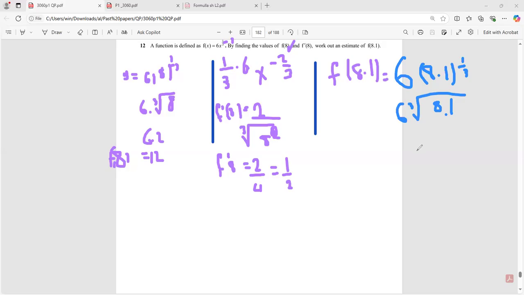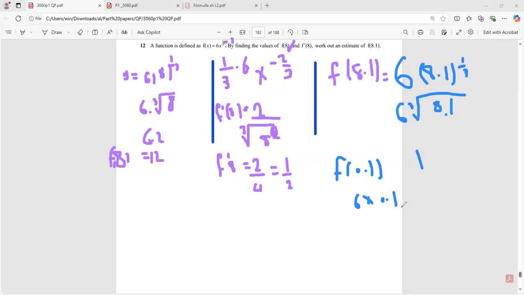Okay, so here 8.1, so actually the cubic root of 0.1, which can equal to 0.9 multiplied by 0.9, or we can say f(0.01) will be equal to 6 multiplied by the cubic root of 0.1, which is already 0.1.